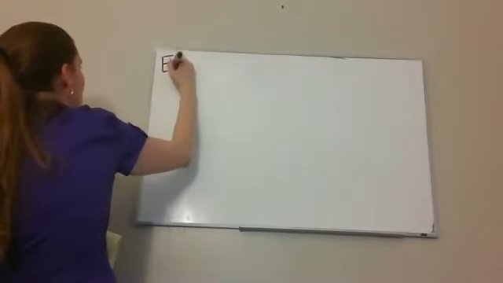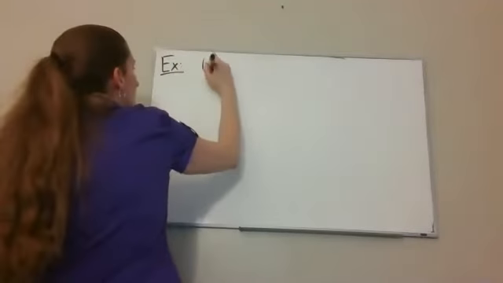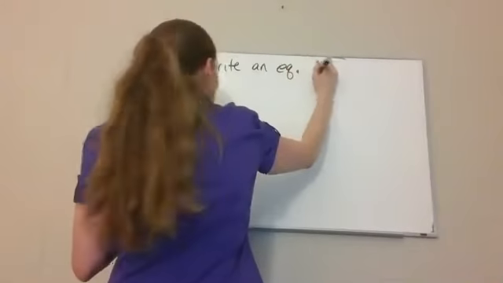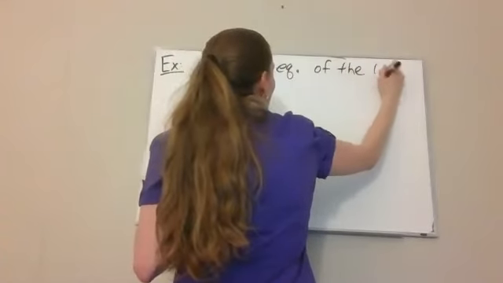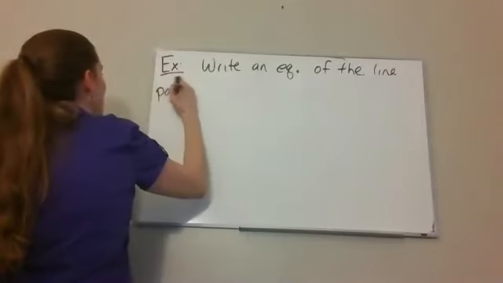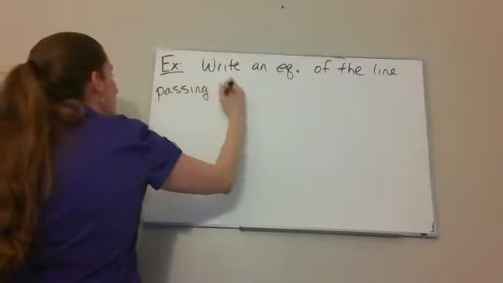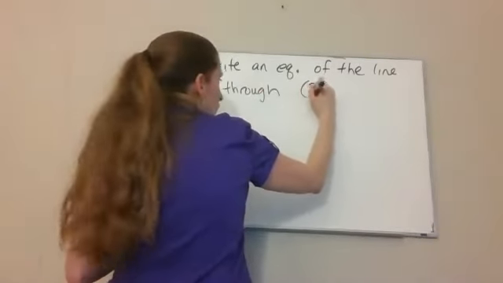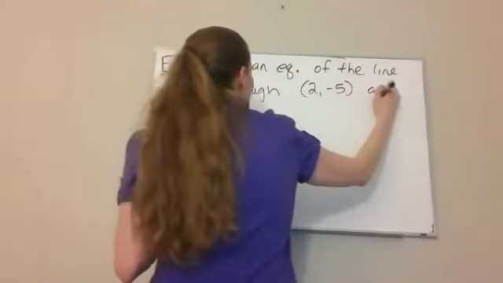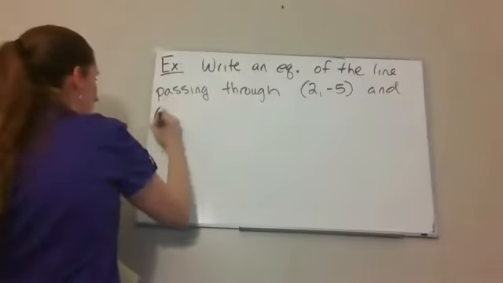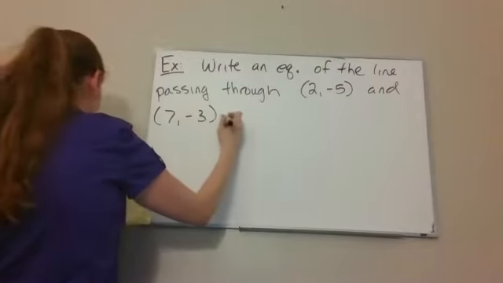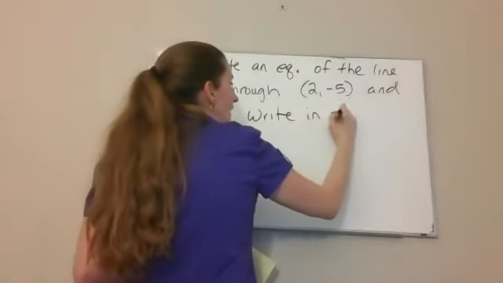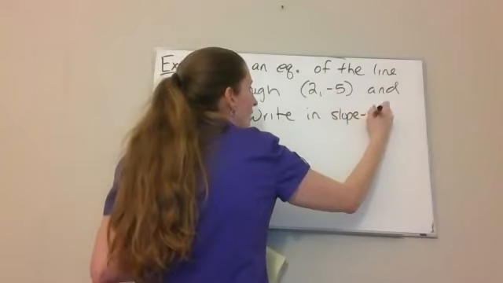So next example, write an equation of the line passing through the 2 points (2, -5) and (7, -3), and write the answer in slope-intercept form.